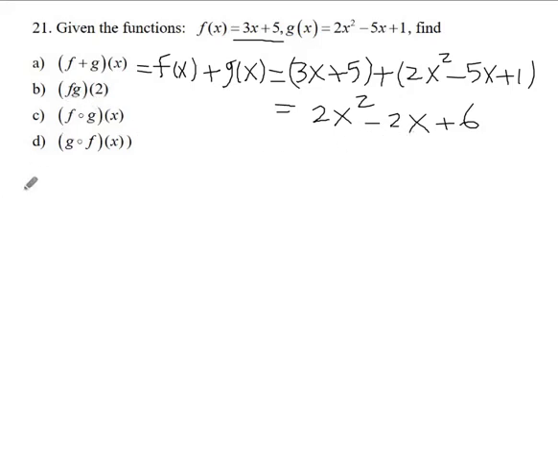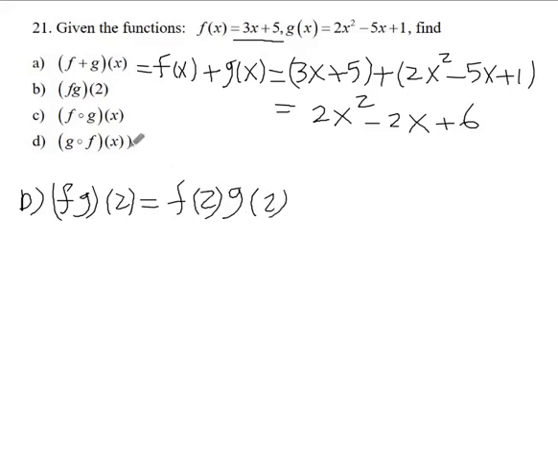For part B, just write it down here, f times g of 2, that means f of 2 times g of 2. Well, to find f of 2, I have to substitute 2 for each x in the f function, so it would be 3 times 2 plus 5. That would be 6 plus 5.